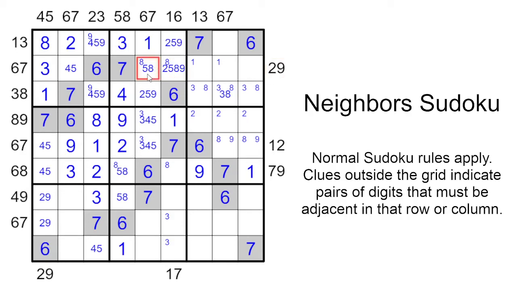So this can't be 2 or 9, this is 5 or 8. If this were 2 or 9, once again we get an 8 here, so it would have to extend this way. And this can't be a 9, so if this were a 9 we would get a 2 here, but it can't be a 2. Which means that 2 is going in one of these two cells in the box, and it can't be this one, so it must go down here.